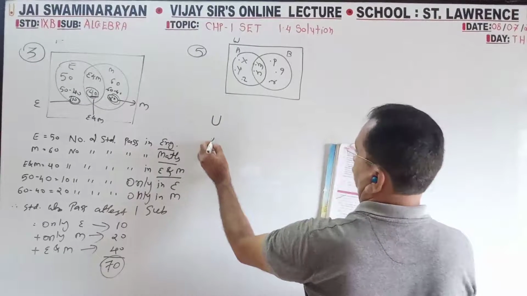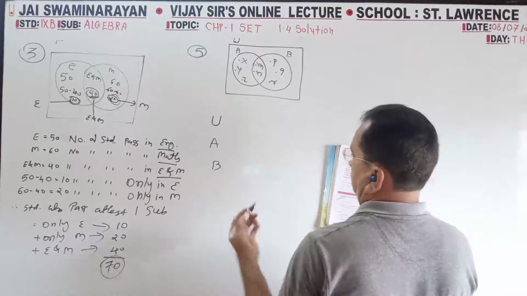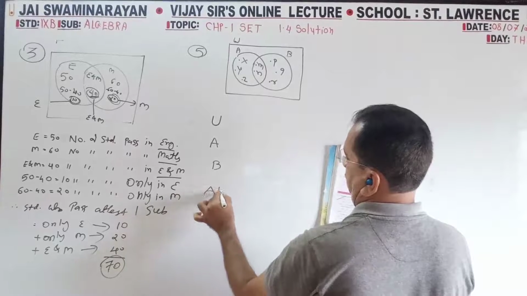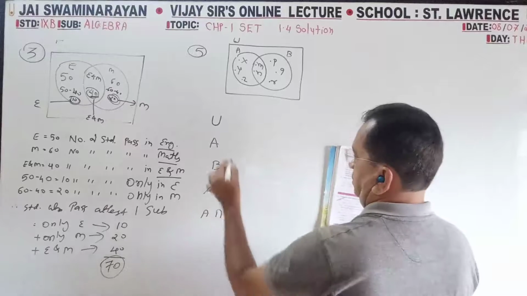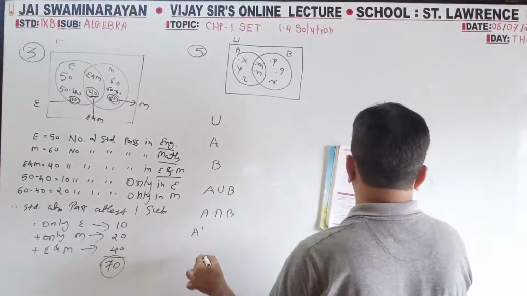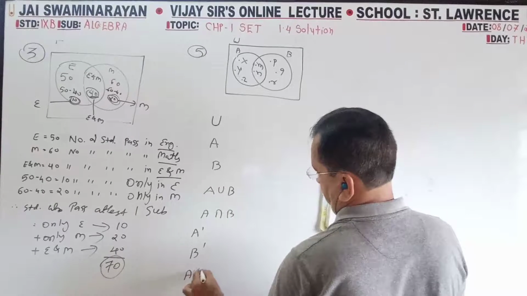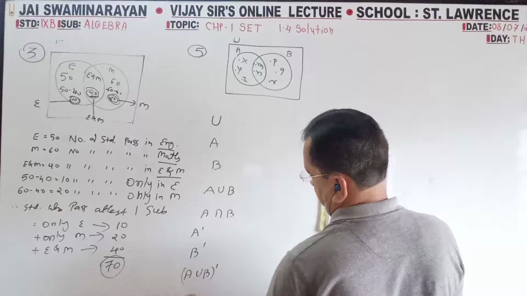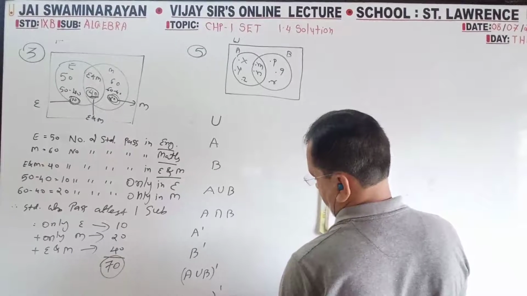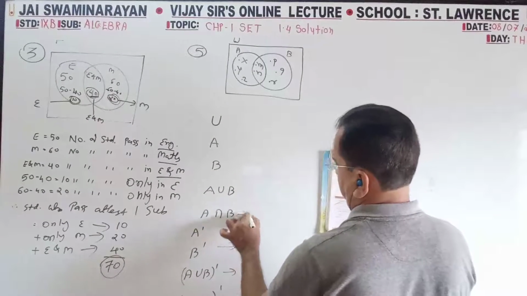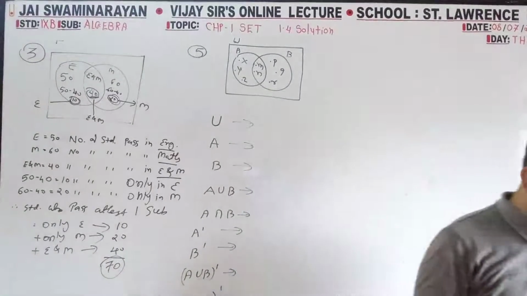We want U, we want A, we want B. We will find all the things: A universal B, A intersection B, then A complement, B complement, A union B complement, A intersection B complement. This much answer we want.